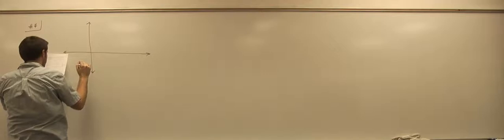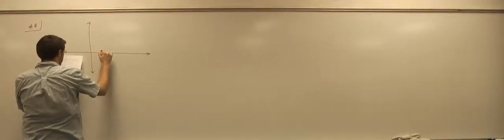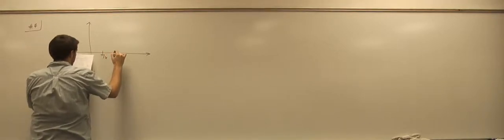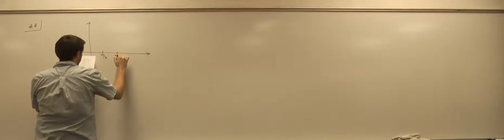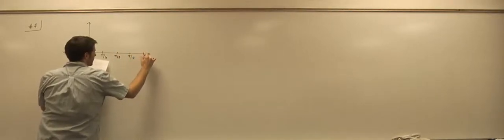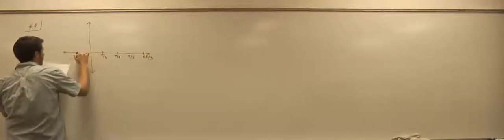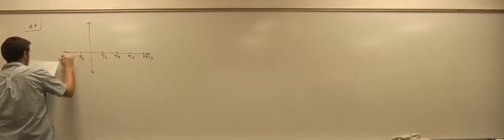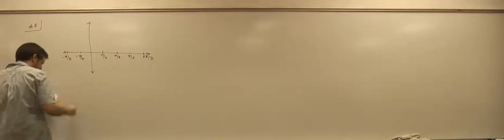So the curve here goes through pi over 6, it looks like. So we have pi over 6, pi over 3, pi over 2, 2 pi over 3, negative pi over 6, and negative pi over 3.